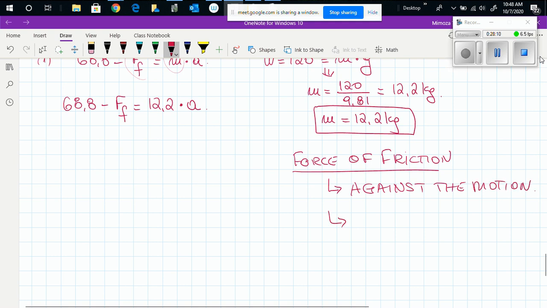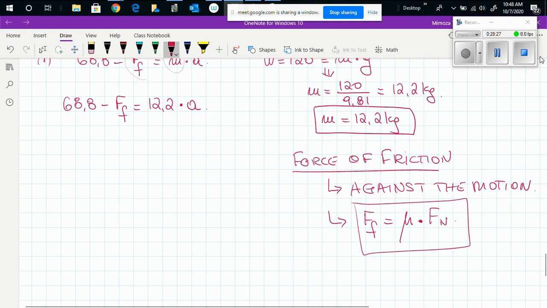And the magnitude of force of friction is equal to mu, which is the coefficient of friction, times force normal. You have this formula in your formula sheet.